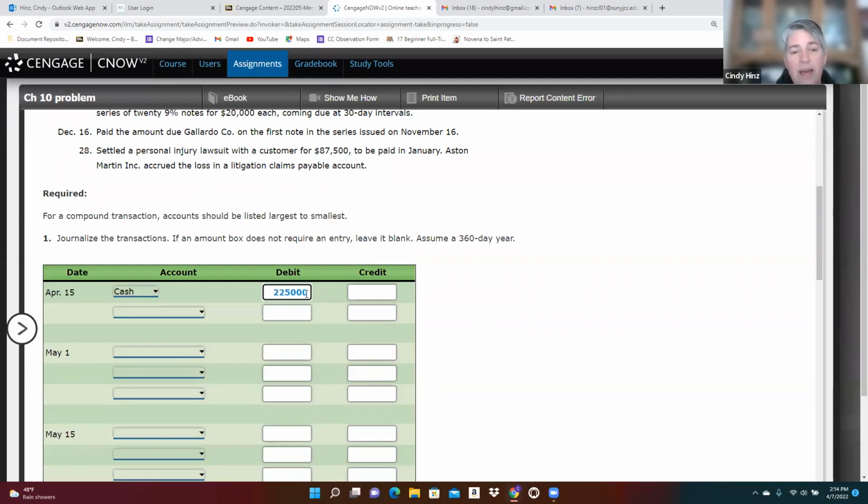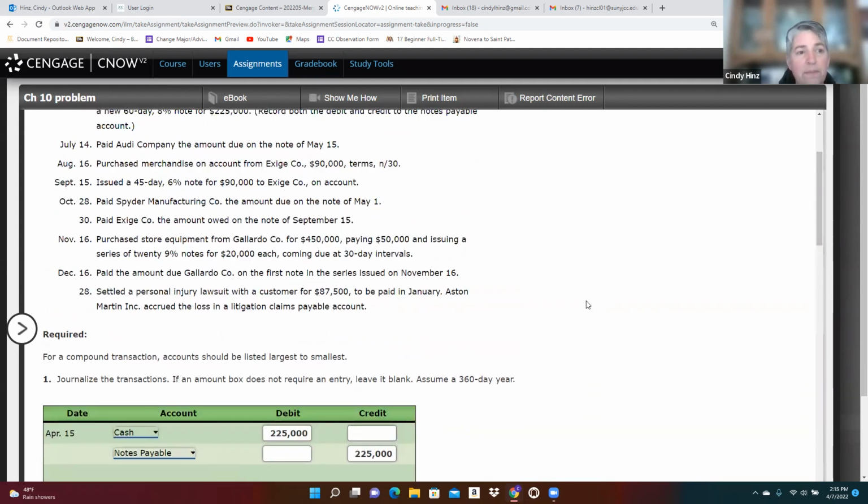So our asset cash is going to go up by $225,000, but we have to pay it back. Not only do we have to pay back that face value or principal, but we also will need to calculate and pay the interest on that. And that will be due 30 days from April 15th, and that would be May 15th.